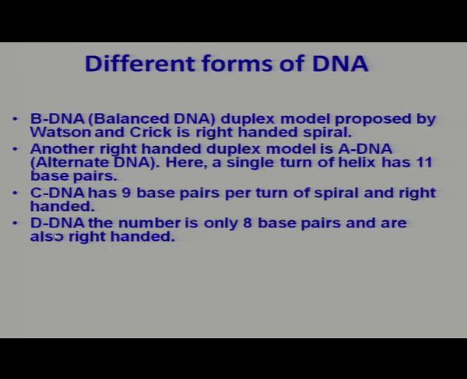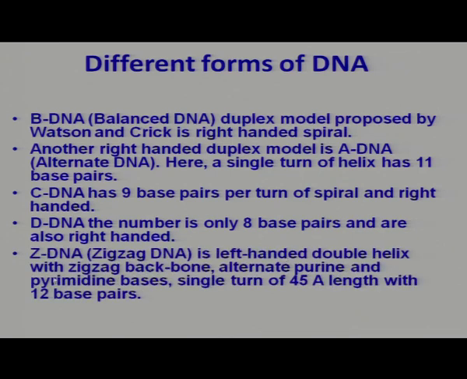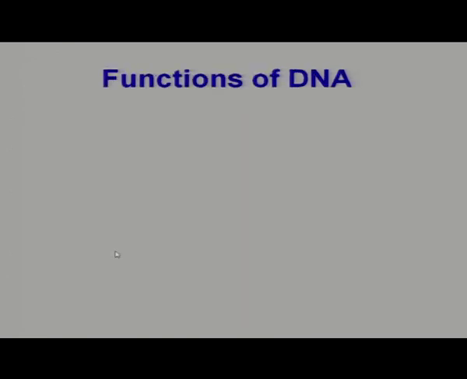Fourth form of DNA is D-DNA, having 8 base pairs in one complete turn, and the last form of DNA is Z-DNA, zigzag DNA, having 12 base pairs in one complete turn. These are the 5 different types of DNA forms.